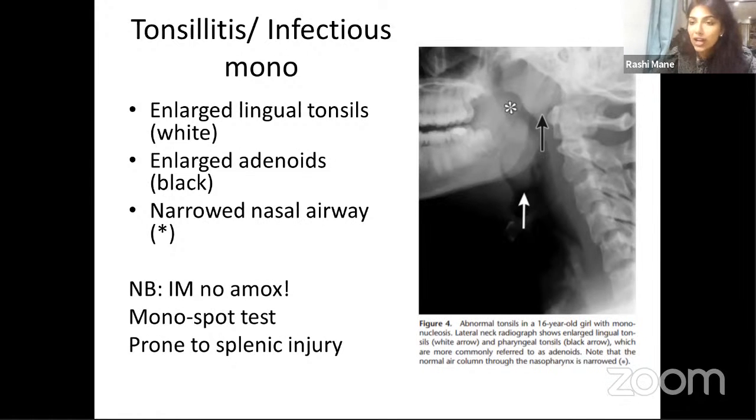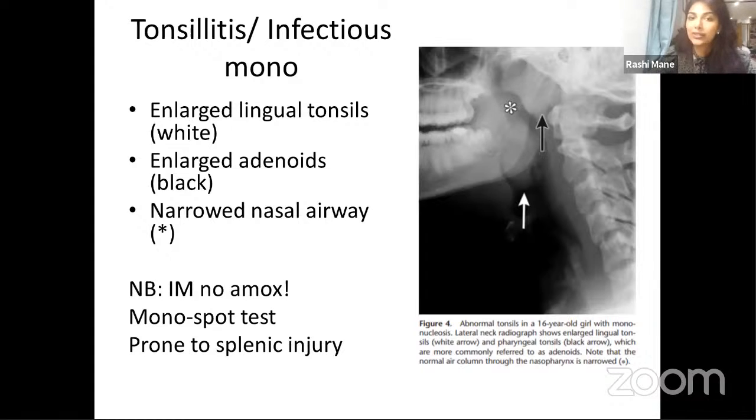So whenever you start treatment for basically an enlarged tonsil infection, you need to treat them for both tonsillitis or infectious mononucleosis, while sending out that monospot test. And you need to start them on phenoxymethylpenicillin. So this is basically something that won't give you those adverse reactions if you do have infectious mononucleosis.